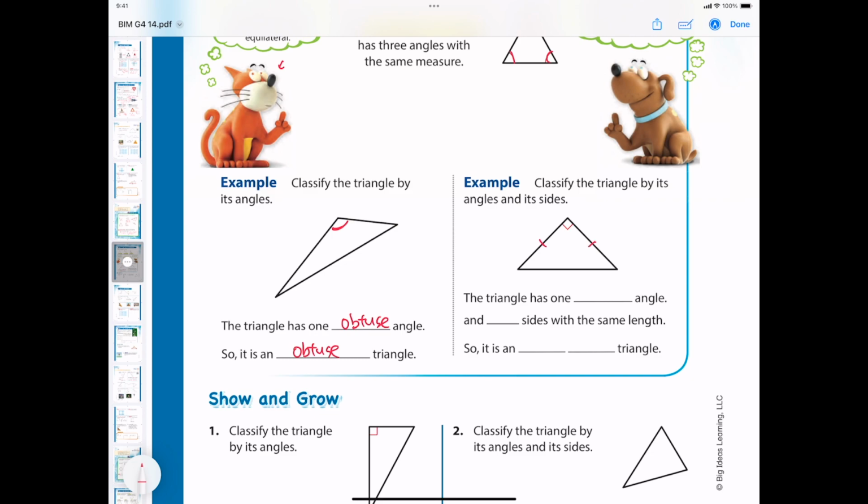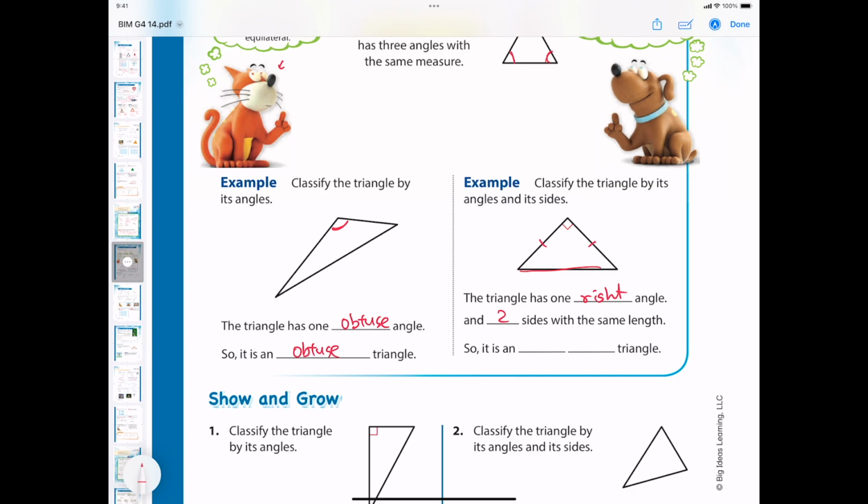In this example, classify the triangle by its angles and its sides. Look at this. It has two equal sides, and we learned that means isosceles. The triangle has one right angle, and two sides with the same length, which is isosceles.